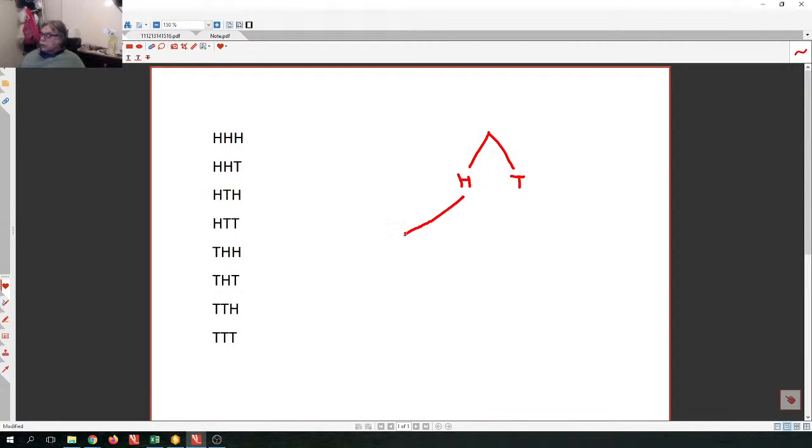The second toss, you can branch that out. You either get head or tail. And then you have the third toss, and again you can get head or tail.